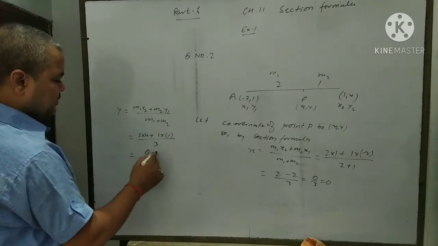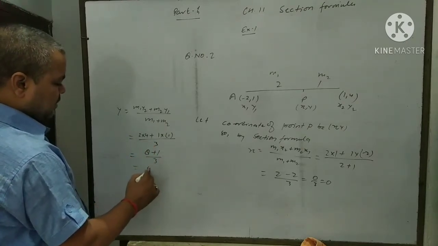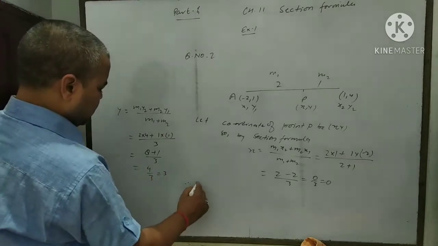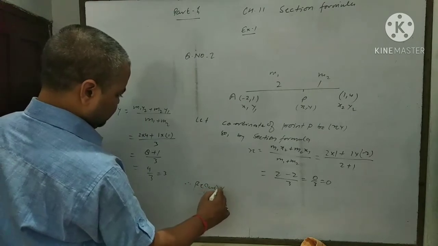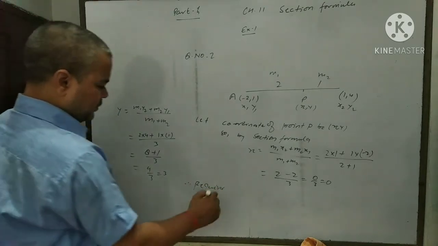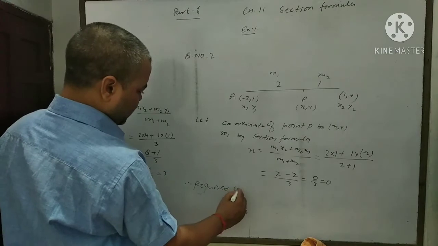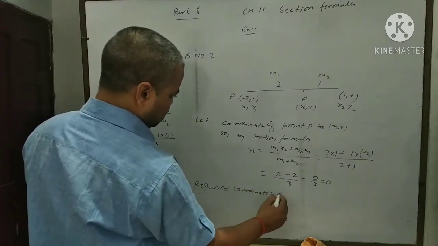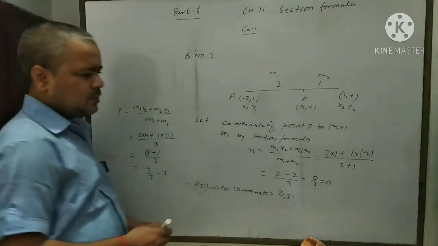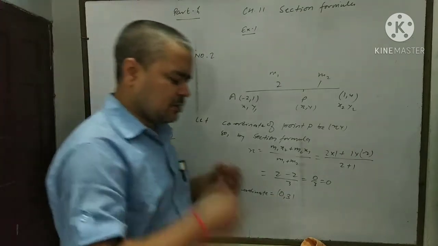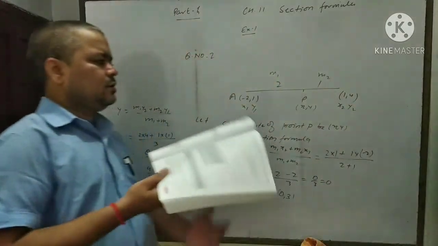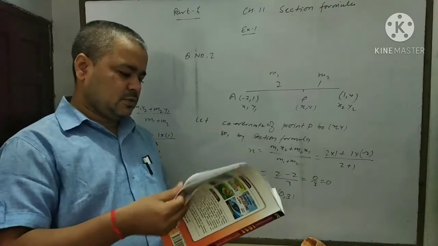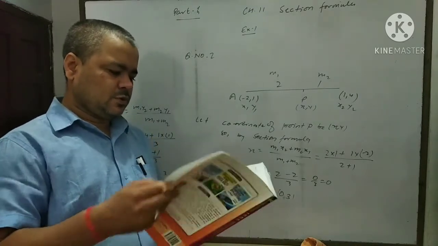So 2 times 4 is 8 plus 1, by 3, 9 by 3 is equal to 3. Therefore the required coordinate is 0 and 3. In this way, using section formula, we can find the coordinate of a point. Now let us see the answer, exercise 11, question number 2.